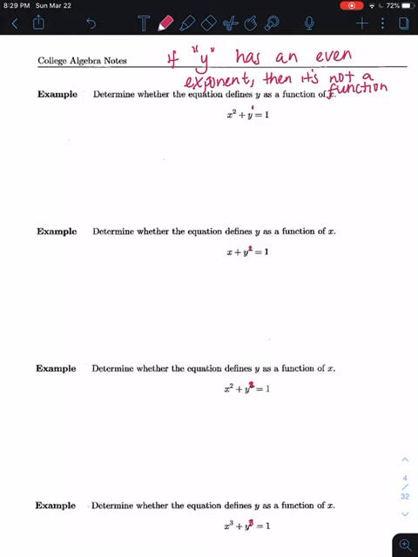So this would be a good example to look at it using the equation, and then we'll also look at it using the graph like we did before when I talked about using a vertical line test. So let's just see if we're correct.